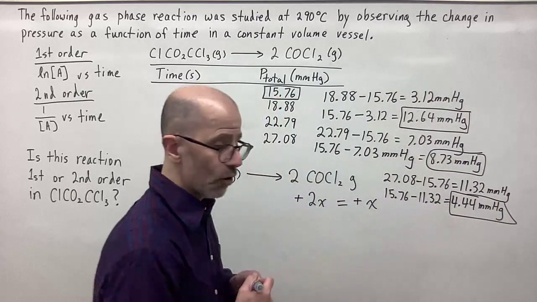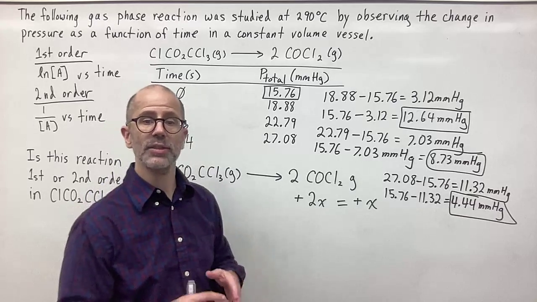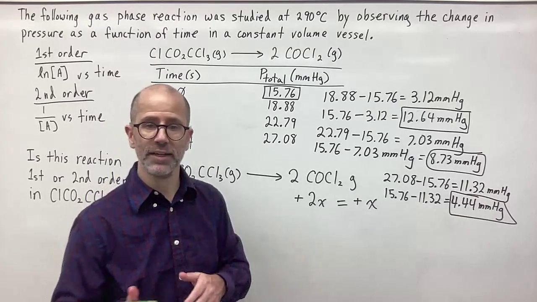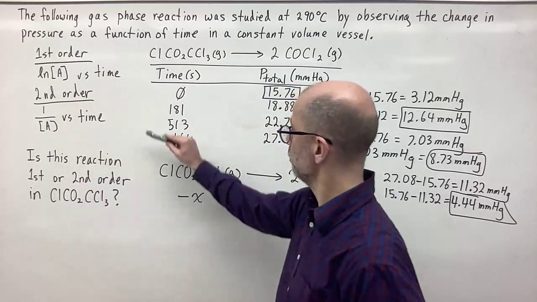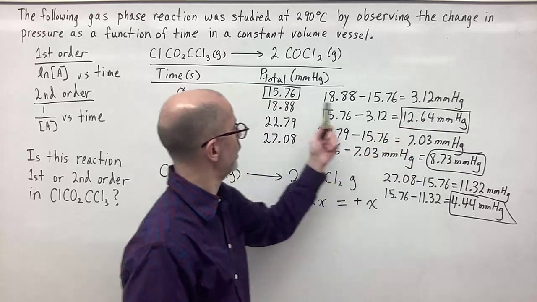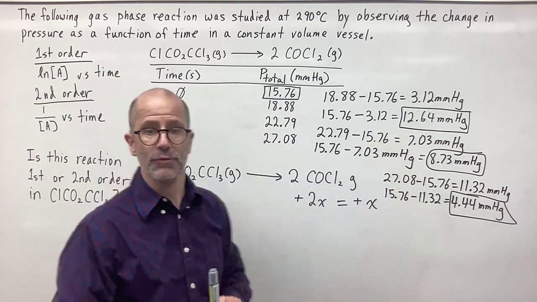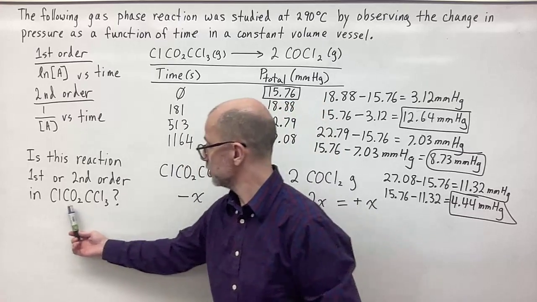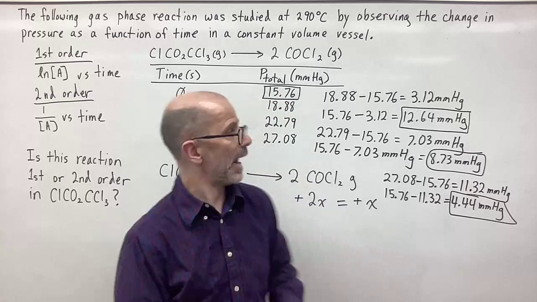So now I can graph the data to see if I have a first or second order reaction. Why? Because now I have time, and now I have the concentration over time of my reactant, ClCO2CCl3.